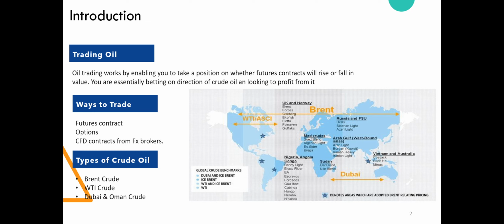The subtle variation in crude is that there are different types of crudes that are traded and priced globally. So you have Brent crude, which is the UK oil and the largest traded crude, and then you have your WTI crude.